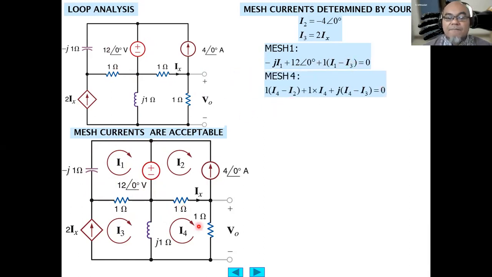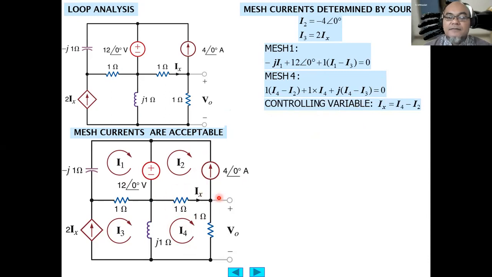At mesh 4: 1 ohm times I4 minus I2, plus 1 times I4, plus J times I4 minus I3 equals 0. The control variable Ix equals I4 minus I2.